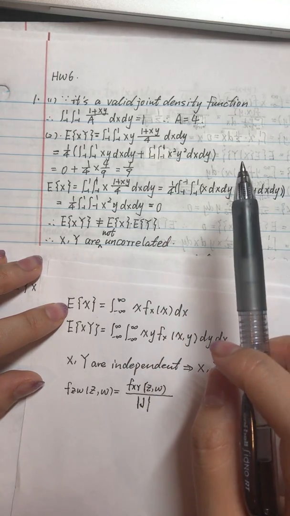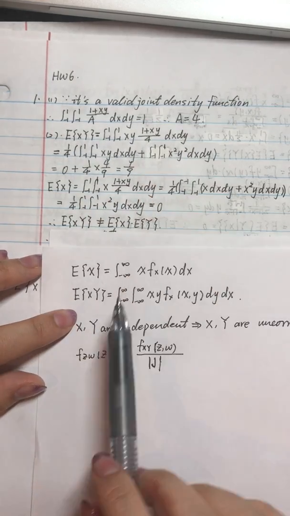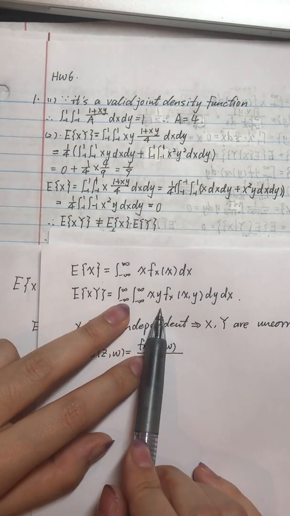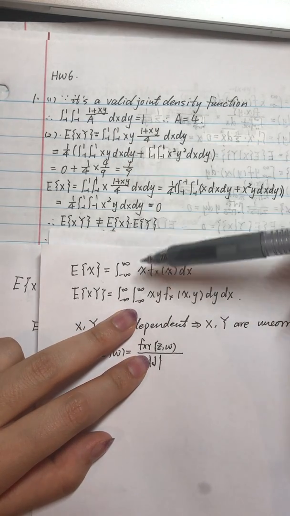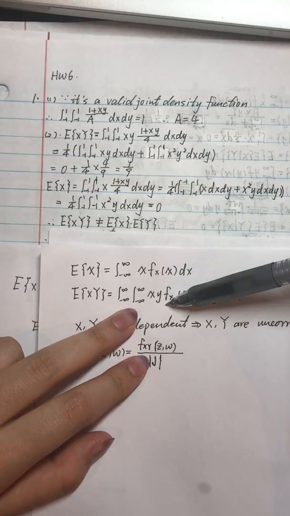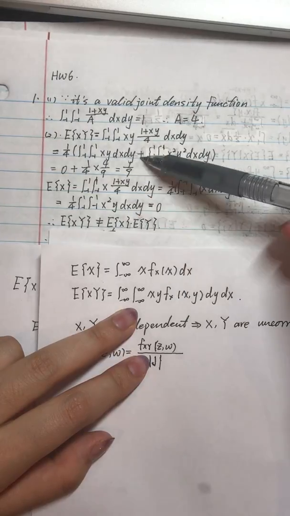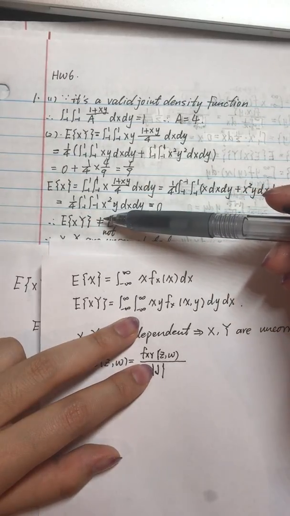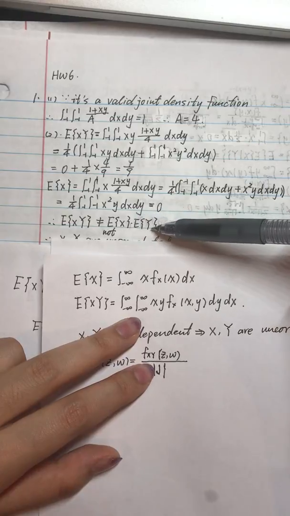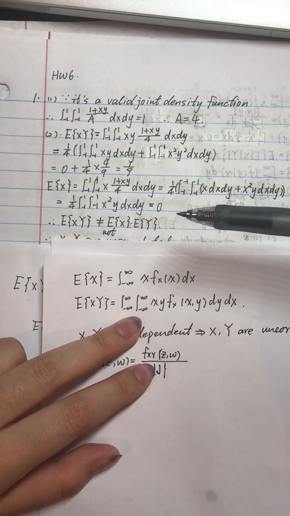So then we can calculate E[XY]. We have the formula there, so we put -1 to 1 into the formula, and after the calculation, we can get that E[XY] equals 1/9. So E[XY] doesn't equal E[X] multiplied by E[Y], so we get the conclusion that X and Y are not uncorrelated.